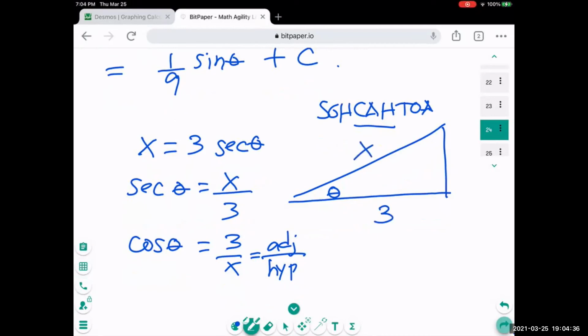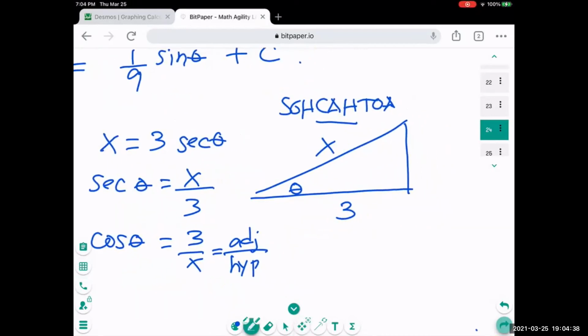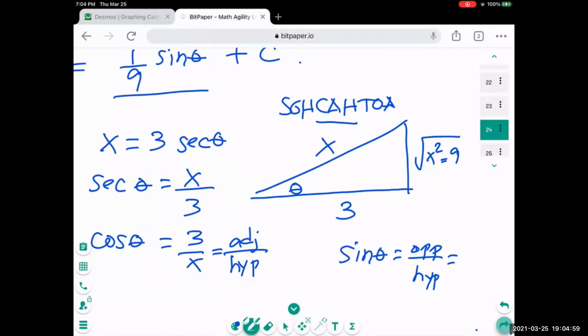And how do we solve for the third side? Pythagorean theorem, right? So, this would become square root of x squared minus 9. So, ibig sabihin, yung ating sine theta, which is opposite over hypotenuse, dun sa answer natin should be square root of x squared minus 9 over x.